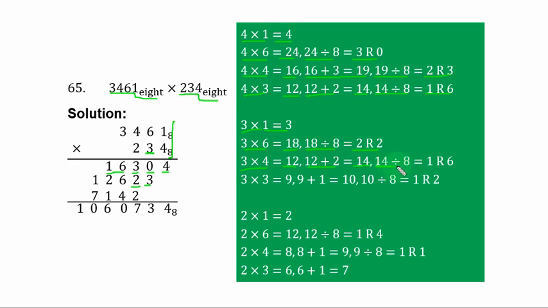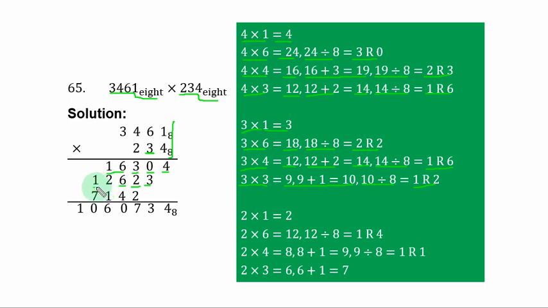Divide 14 by 8. You have 1 remainder 6. You write 6, and you take 1 forward. Lastly, in that digit, you have 3 times 3 is 9, plus the 1 you carried forward is 10. Divide 10 by 8 is 1 remainder 2, and that is like 12.